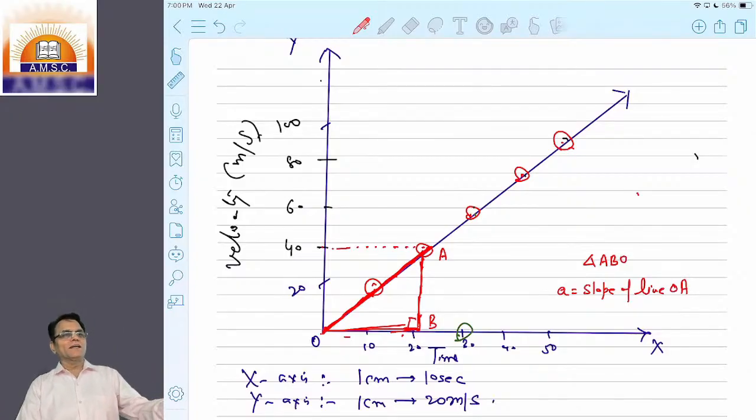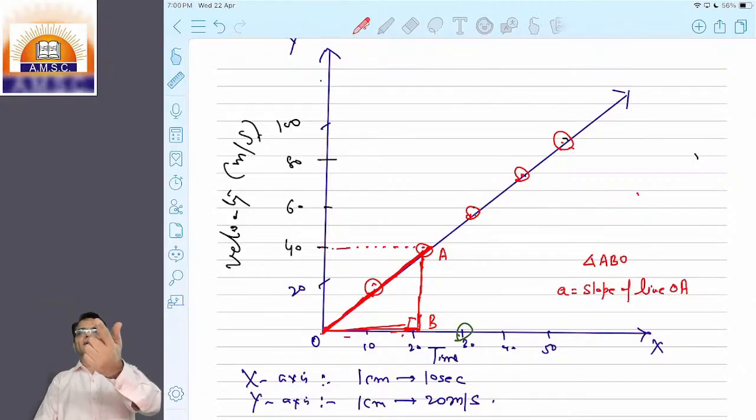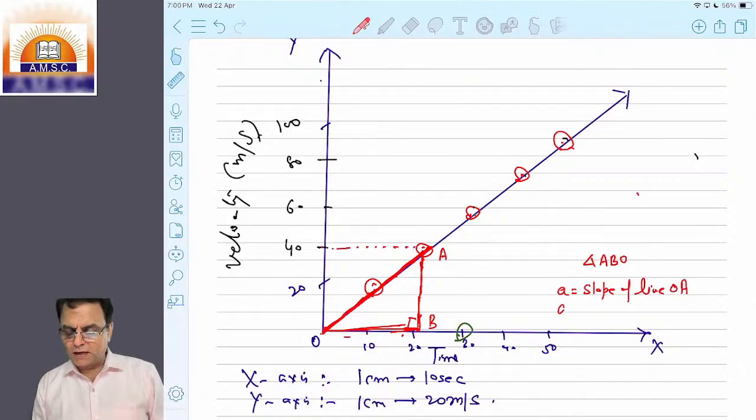अंडर कंसिडरेशन लिखना ही नहीं, अब क्या लिख देंगे? Slope of line OA. तो slope of the line OA क्या होना चाहिए?